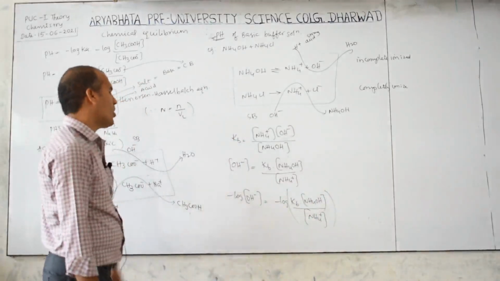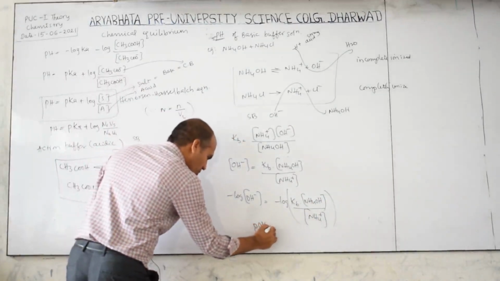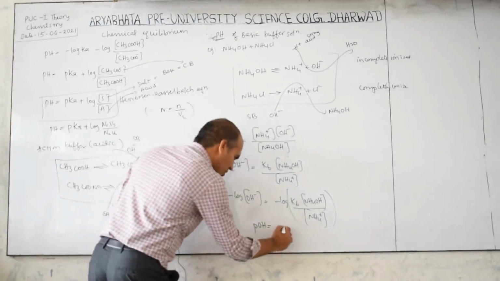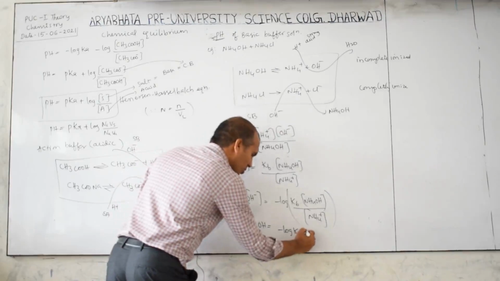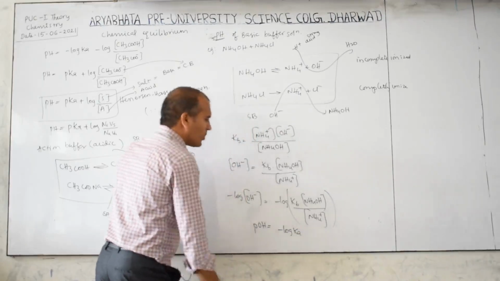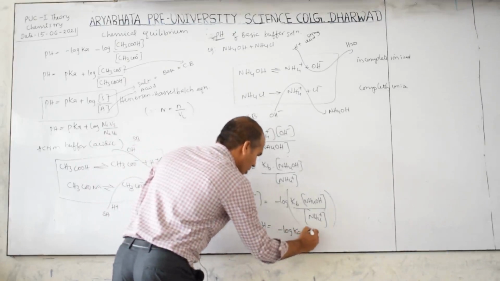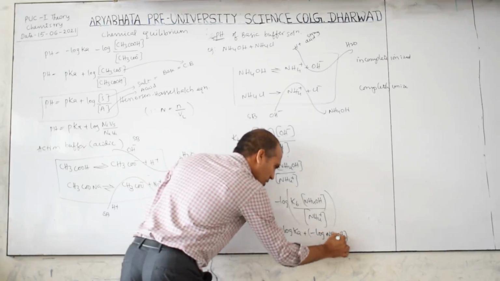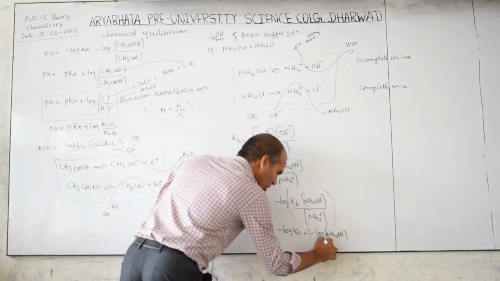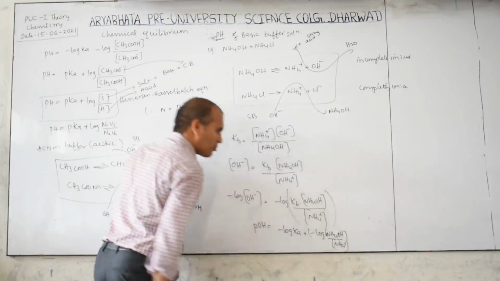Clear? So now negative logarithm of OH minus ion concentration is equal to pOH. This can be represented as negative logarithm of Kb, and since it is in A into B form, it becomes plus or minus log of NH4OH concentration, denominator NH4 plus concentration.